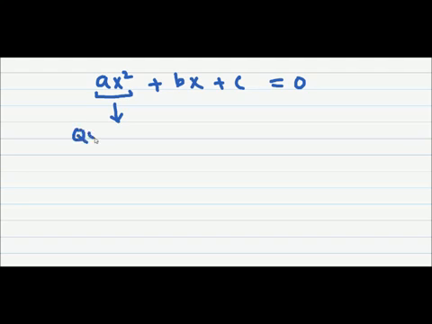The general form of quadratic equation is given by ax square plus bx plus c is equal to 0. The first term in the equation is called quadratic term. The second term is called the linear term. And the third one is called a constant.